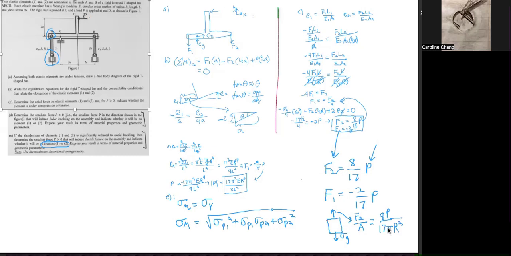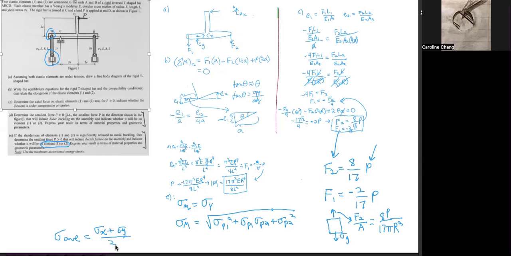Calculating our principal stresses requires taking into account the average. So sigma average is equal to sigma x plus sigma y over 2.